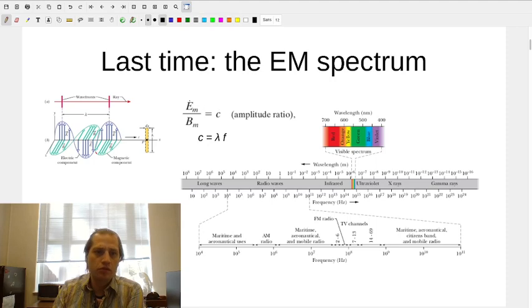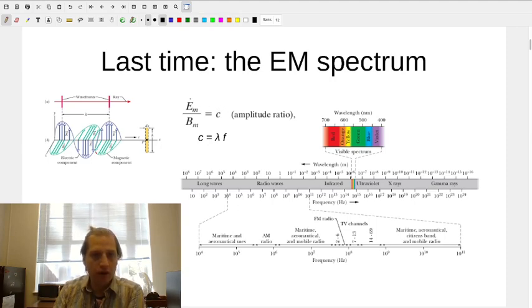So last time we talked about the electromagnetic spectrum. We talked about how a light wave can be generated by accelerated charges. If you have accelerated charges, that causes an oscillating electric and magnetic field to be created at the same time, and the electric and magnetic fields that propagate outward from that accelerated charge are perpendicular to one another.